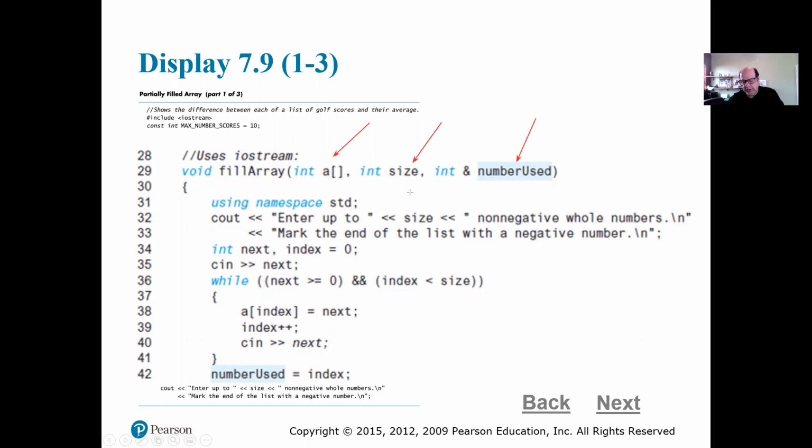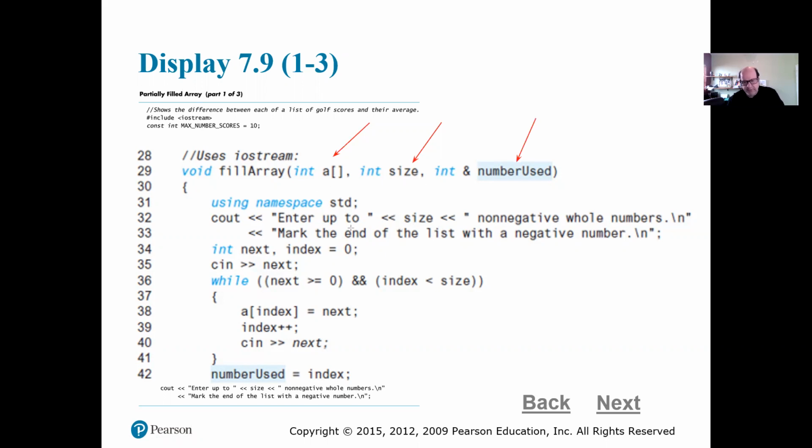Remember, we are not using any hard-coded numbers, because if we are using a constant global variable or any constant, remember the size is coming in. So from the point of view of this function, it doesn't care what the size is. You can give me any size you want. You give me 10, I'm going to ask the user to enter up to 10 numbers. If you give me 50, I'm going to ask the user to enter up to 50.